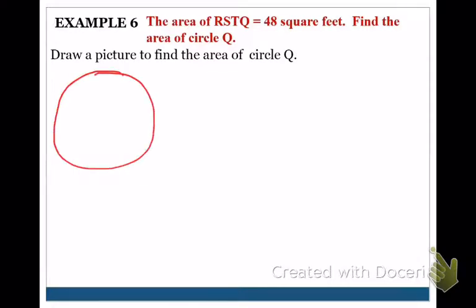Okay? So we need to draw this. This is for circle Q, and we're going to draw the sector R, S, T, Q. So it's this sector right here. It's a little bit ambiguous. Okay, that area is 48 square feet. So that sector is 48 square feet. Find the area of the circle, just like the last example.